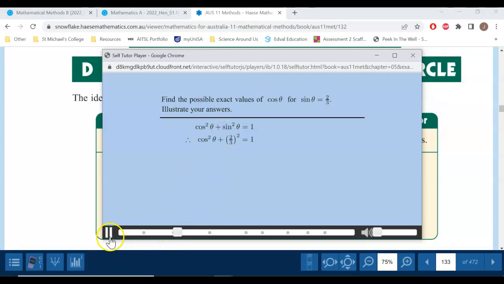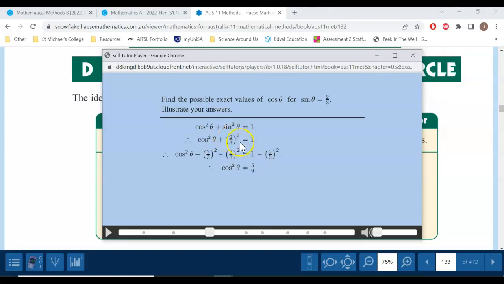Then we substitute our value of sine theta into this. You can see that cos squared theta stays as is, and I substitute 2/3 in for sine theta. But this wasn't sine theta, it was sine squared theta, so we substitute the 2/3 in and square it. Then if I want to isolate the cos term, I need to subtract that value from both sides.